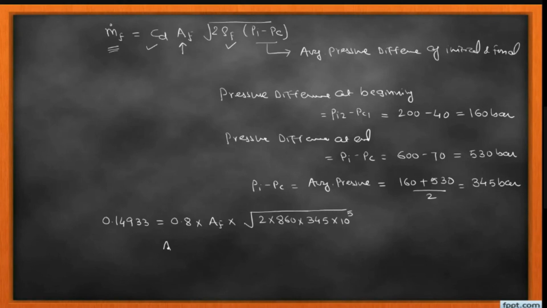Now if we make AF the subject, then we get 7.66 into 10 to the power minus 7 meter square. And if we convert it into millimeter square, then we get 0.766 millimeter square. So this is the area of the fuel injector.